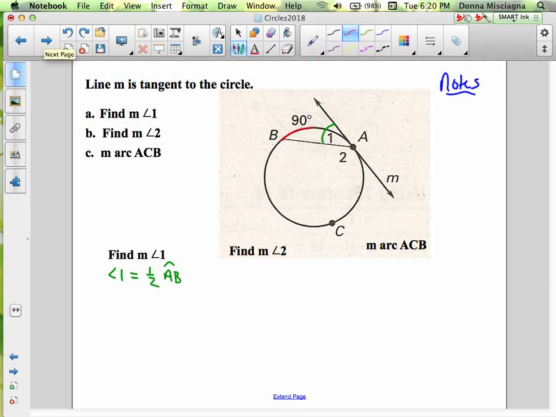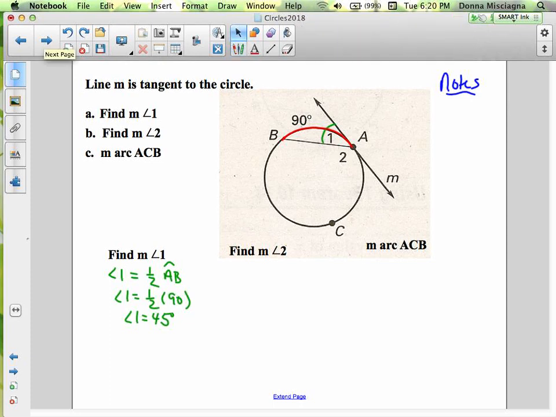I think in the beginning it's a little harder to see those because you're not expecting it to go like that. So there's our intercepted arc. Since the measure of the arc is 90 degrees, that means angle 1 is 45 degrees, and that's all there is to that one.